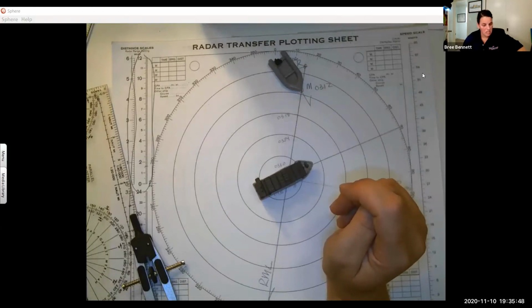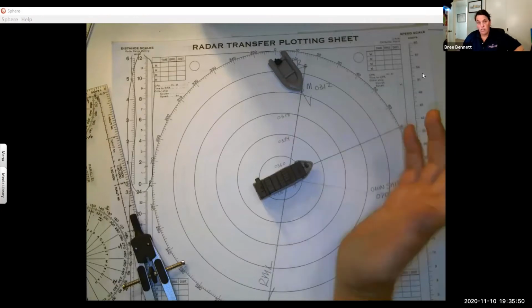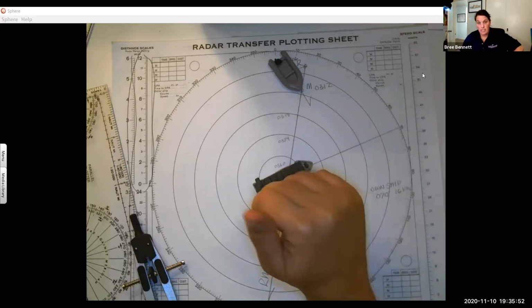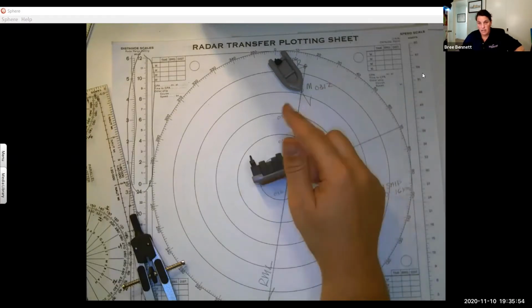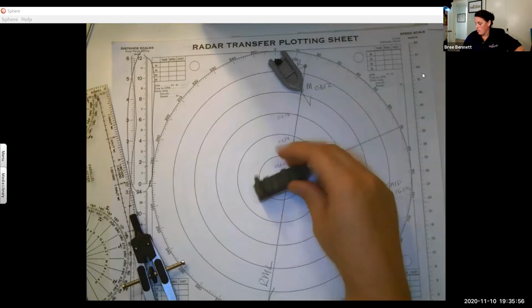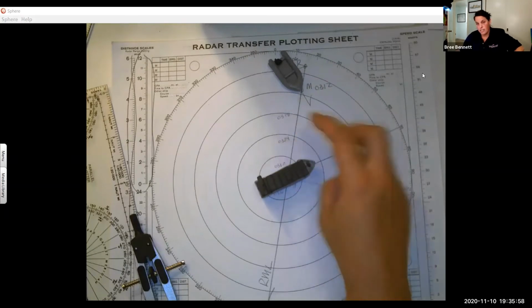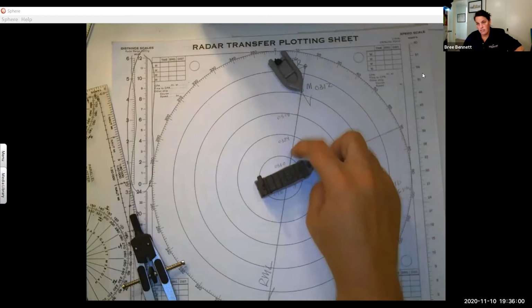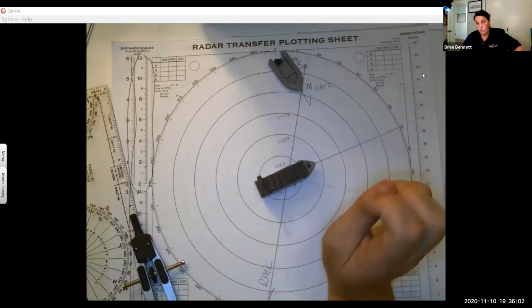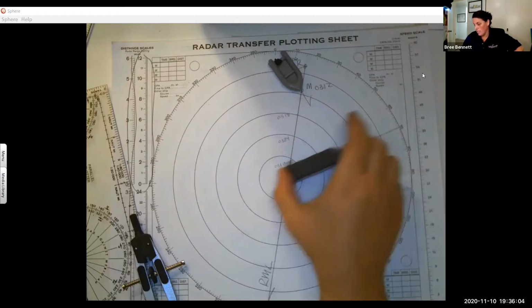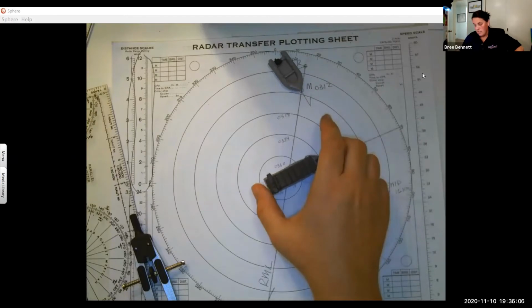This is an interesting question. So we are stand on. They are give way. We are to starboard. They see our red light. So we are the stand-on vessel. We are supposed to maintain course and speed.